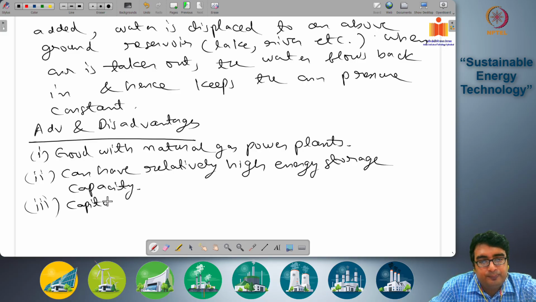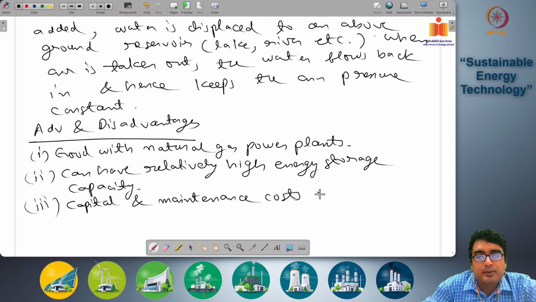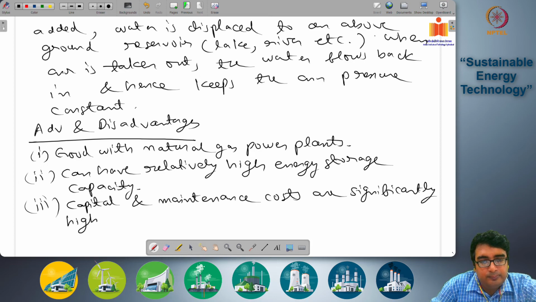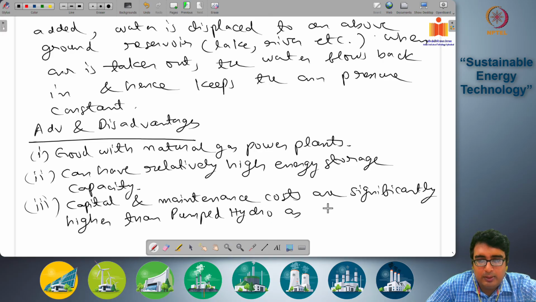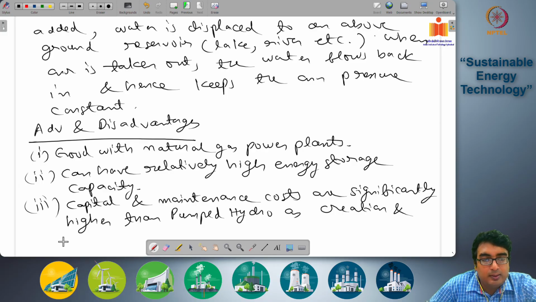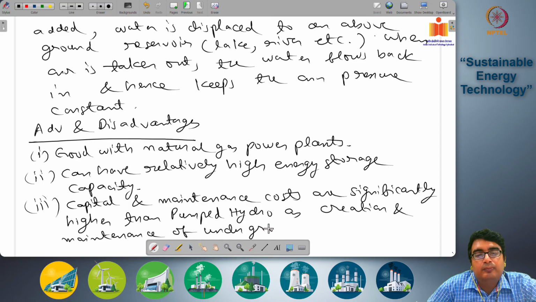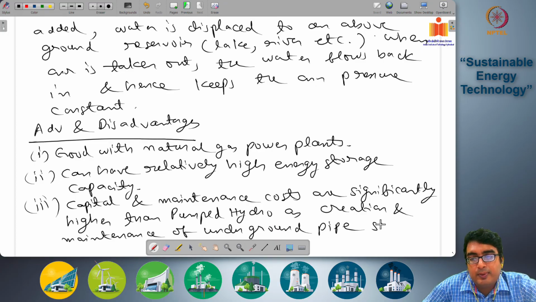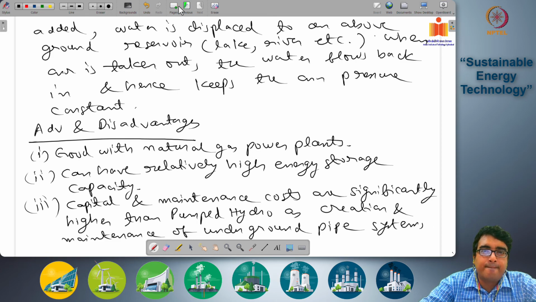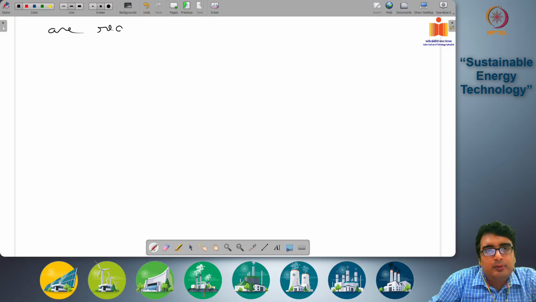So capital and maintenance costs are significantly higher than pumped hydro, as creation and maintenance of underground pipe systems are required.